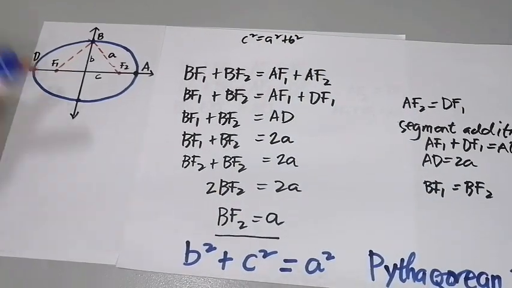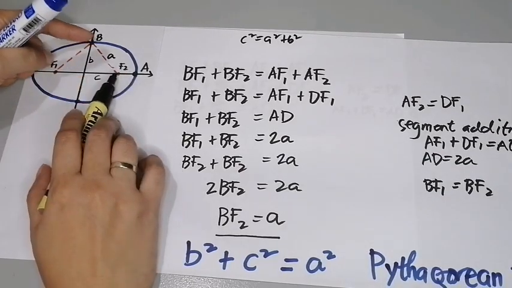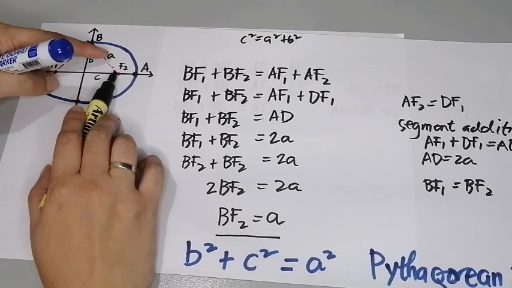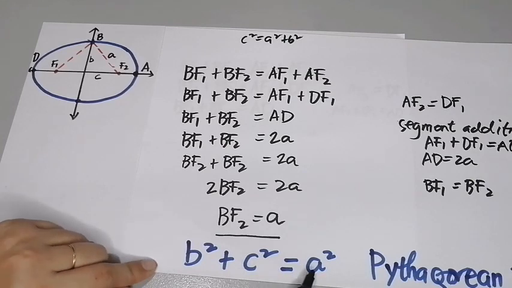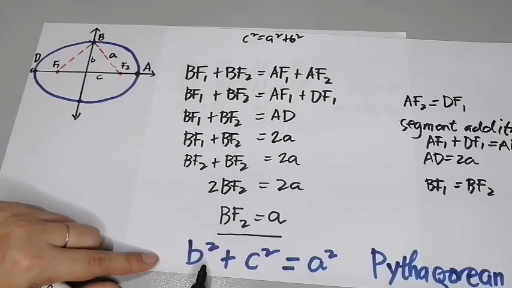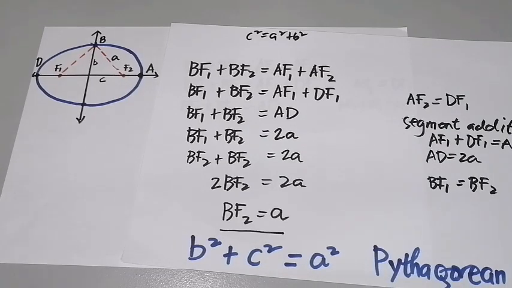In this case, for ellipse, since A is the longest side, we have B squared plus C squared equals A squared. Or if we're looking for B squared, it is equal to A squared minus C squared. If you're going to solve for C squared, that is equal to A squared minus B squared. Please take note of this.